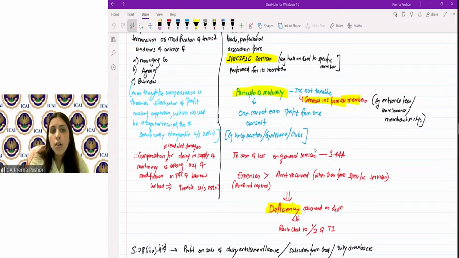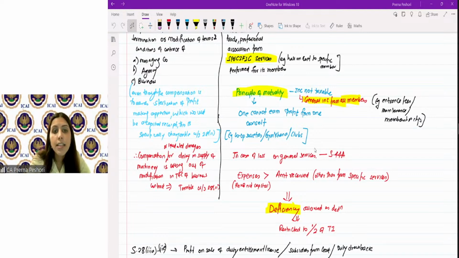Now, as I said, there has to be the identity in terms of who is earning, who is contributing, and who is basically the beneficiary of that particular contribution, right? So there has to be the identity in relation to the same.